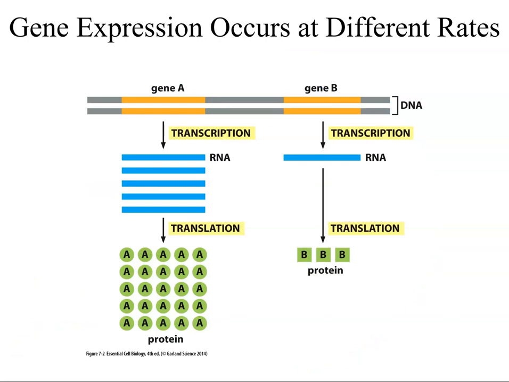As a general rule, we can have different amounts of RNA. So if gene A is transcribed and I get a lot of RNA, that typically means it will produce more protein. And if I have less RNA produced, that makes less protein. So a lot of the time we'll use RNA amounts to inform us how much protein we think we have.